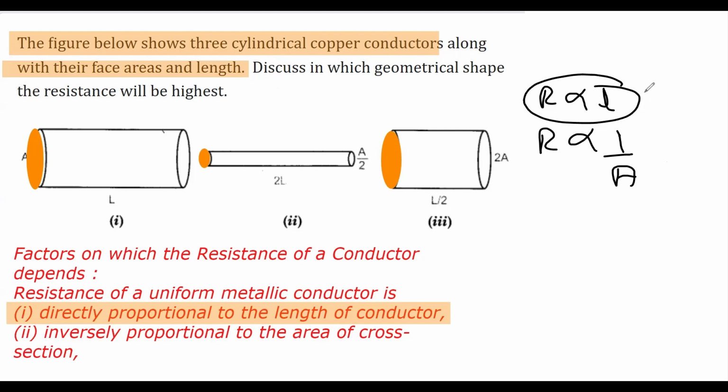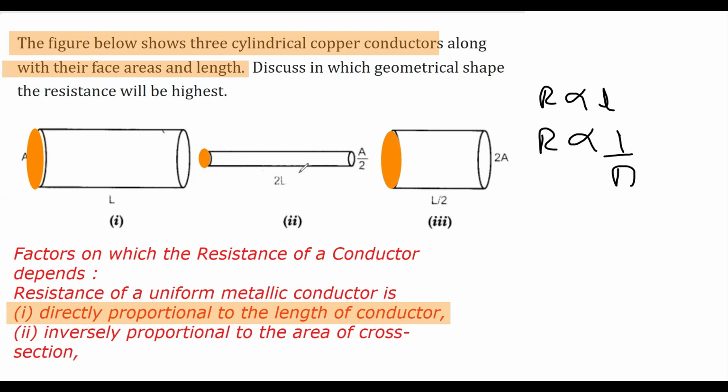From here we get to know that longer the wire, greater the resistance, and thicker the wire, lower is the resistance. Or you can say thinner the wire, higher is the resistance. So from all this figure, we can see that the longest wire is this, and the thinnest wire is again this.